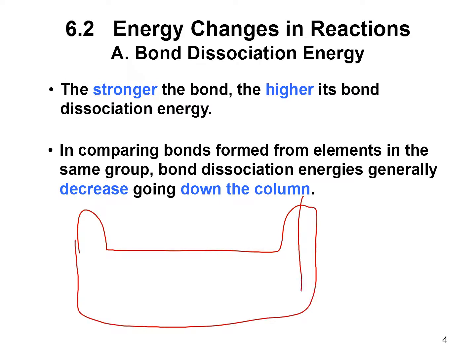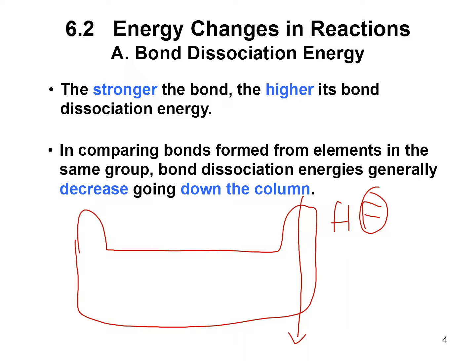And when you go down the group, what is going to happen is the bond dissociation energies are going to decrease. So for example, you can take HF, where F is the first element in group 7A.